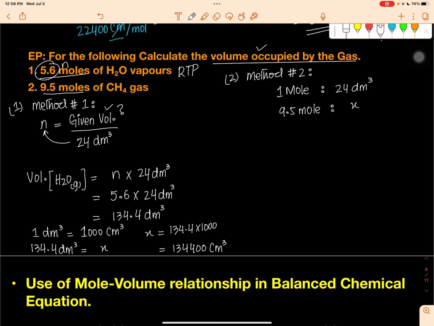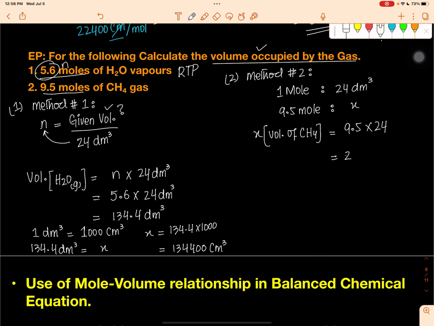That is X. So X is the volume of methane gas, which equals 9.5 cross 24. So what do we get?